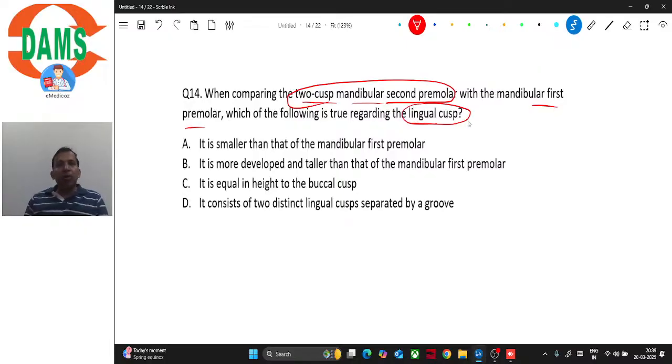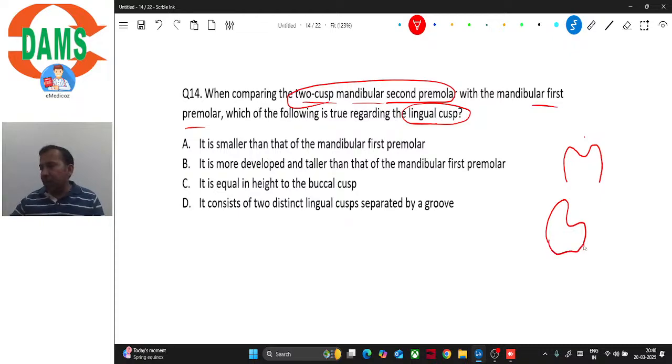So we need to talk about the lingual cusp of the mandibular second premolar and compare it with the lingual cusp of the mandibular first premolar. Obviously it is a bit higher than this.